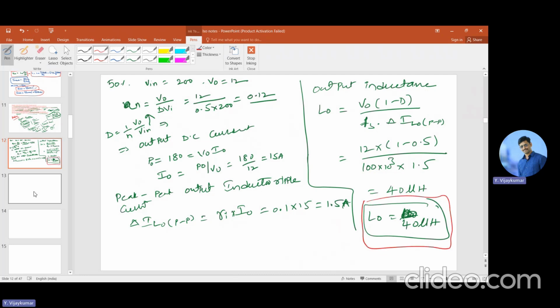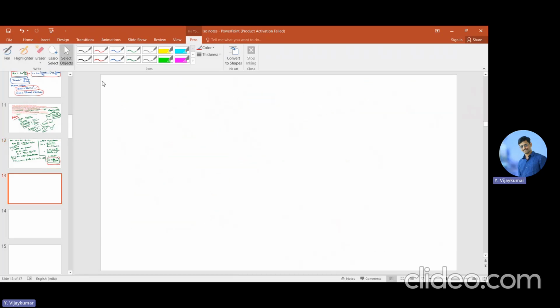Okay. The next question mentions different currents. The second question is about various currents, as we discussed here, there are many currents. So in that, first, the minimum and maximum secondary currents.